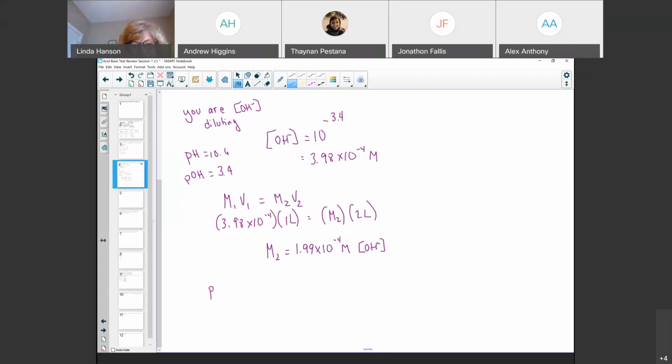I can find the pOH from the hydroxide concentration. So I'll hit negative log of that answer, and the pOH came to be 3.70. 14 minus that answer is going to give us 10.298.